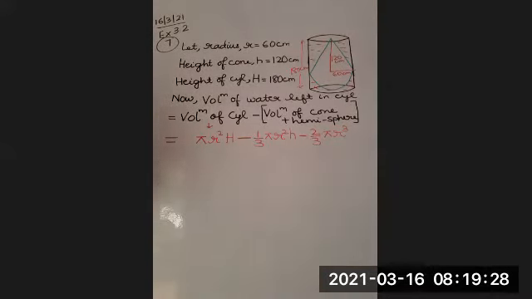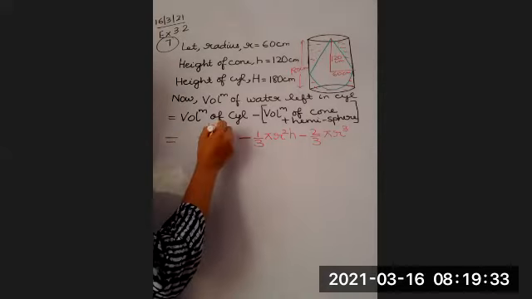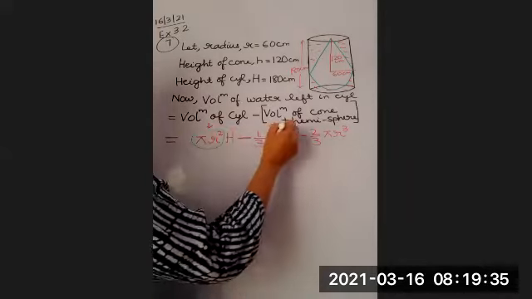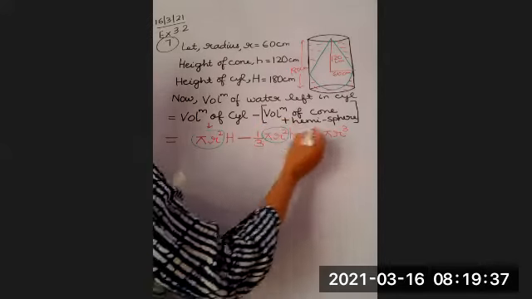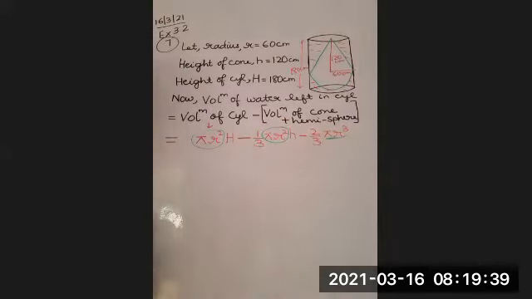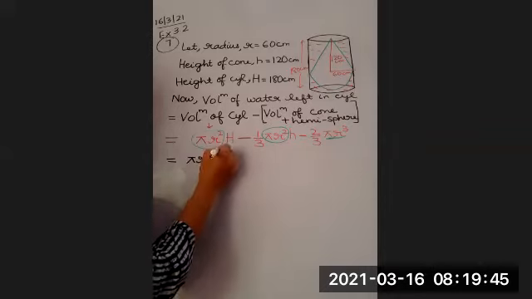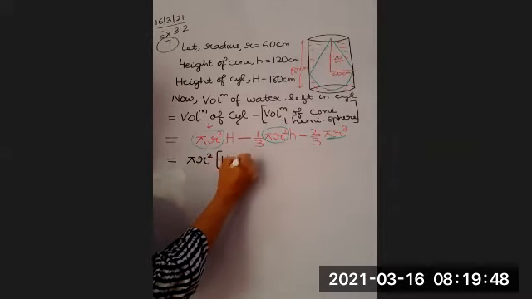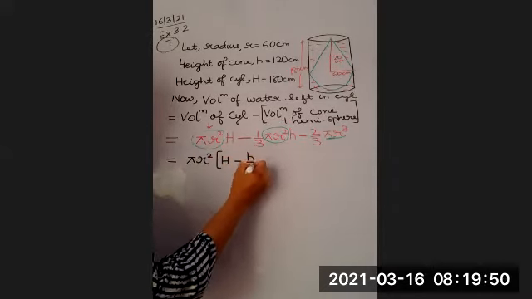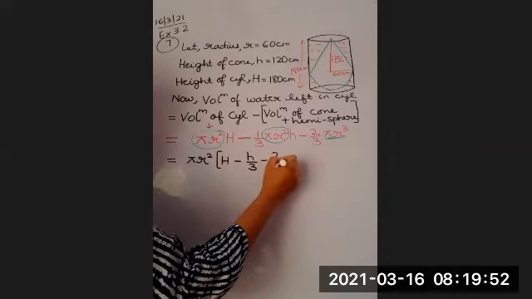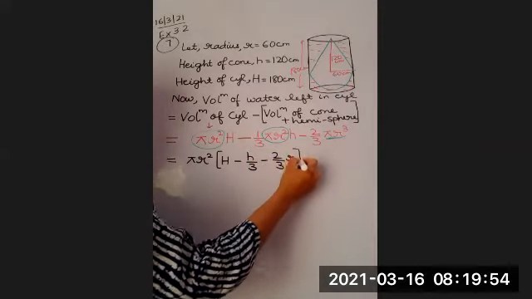So something we can take common throughout. What is that? Pi r square. So let me take this pi r square common. So I will have capital H minus h upon 3 minus 2 upon 3 into r.